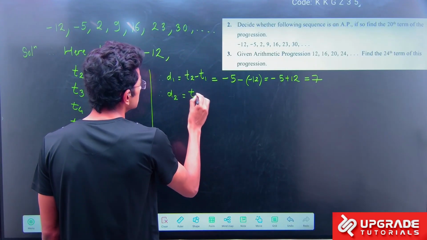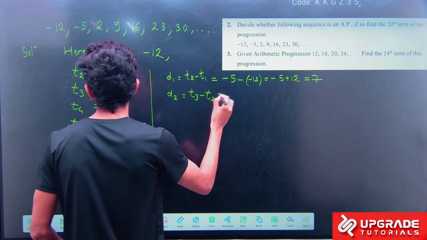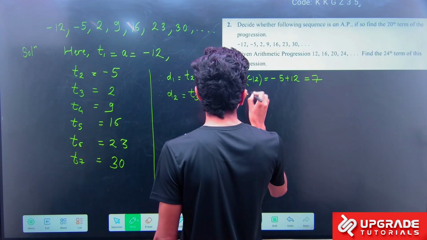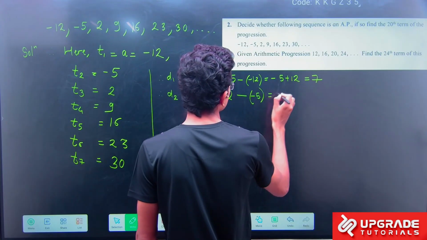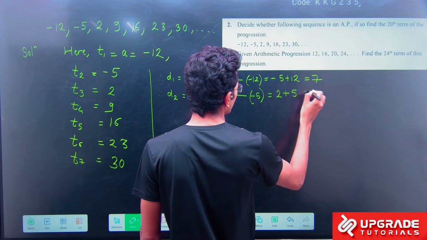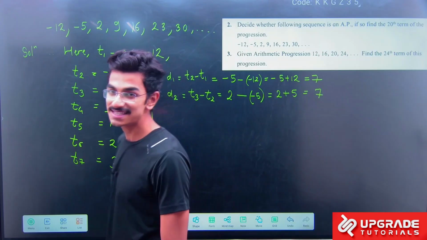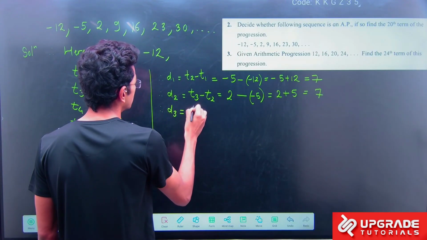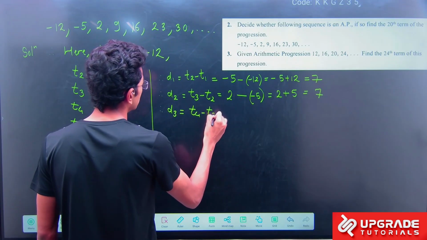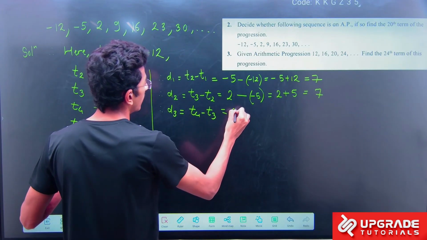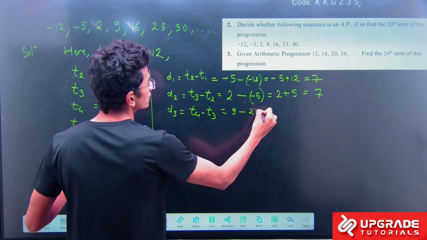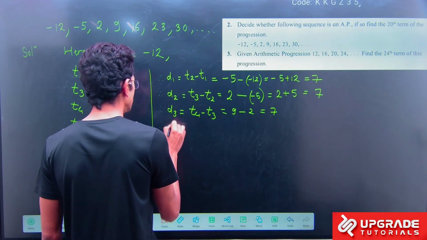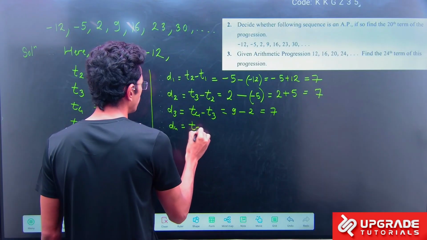D2 is T3 minus T2. What is T3? 2 minus T2, which is -5, minus of -5 is 2 plus 5, which is nothing but 7. Okay. D3 is T4 minus T3. What is T4? 9 minus 2, nothing but 7. Therefore, D4 is T5 minus T4.